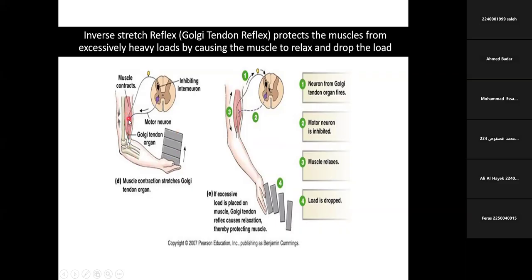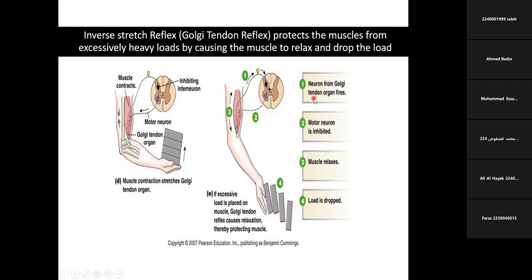So the tension in this biceps muscle increases. Immediately a message goes: I cannot handle it, the muscle tendon will break. So immediately the motor neuron is inhibited. The contraction is stopped and the muscle immediately relaxes. This is to stop the muscle from breaking from the tendon. So the weight falls down.